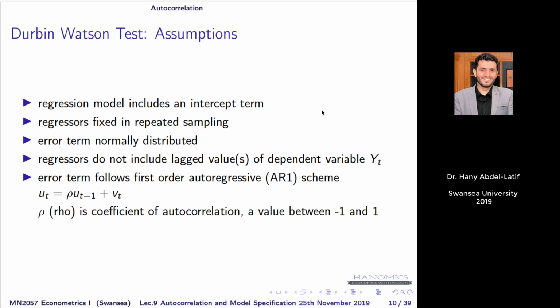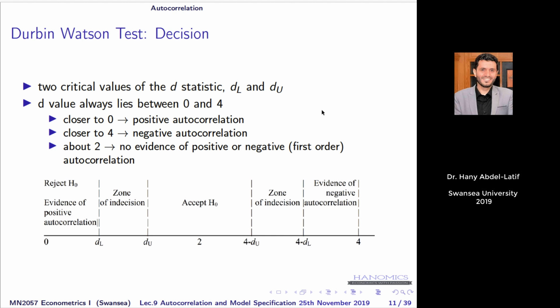And this rho, the coefficient of autocorrelation, takes values from 1 to minus 1. Of course, as it goes to 1 or minus 1, your errors are perfectly correlated. So how to make a decision? You will have a test statistic, which is given by EViews. I'll show it to you in a second. But the critical value has some structure.